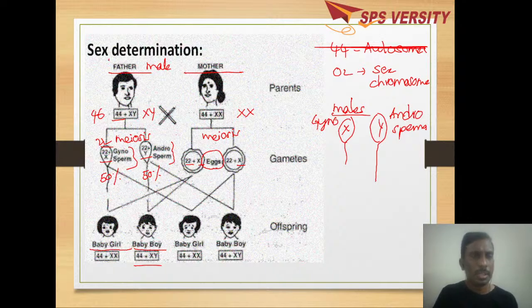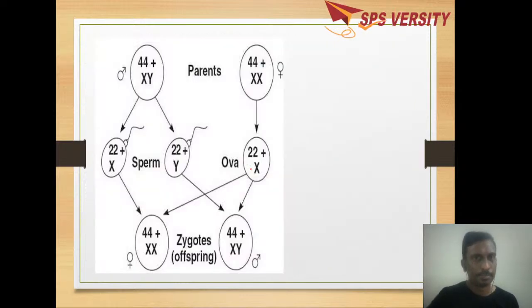The father is responsible for the sex of the child. Because the males produce 2 types of gametes, androsperms and gynosperms, but there is no such differentiation in females. So this is how sex determination is done in humans.